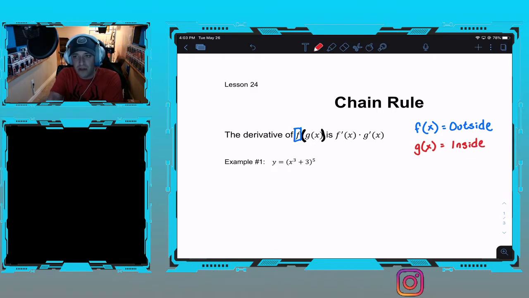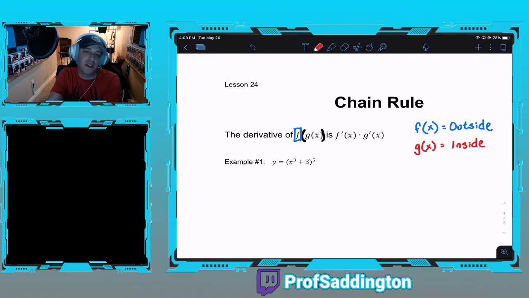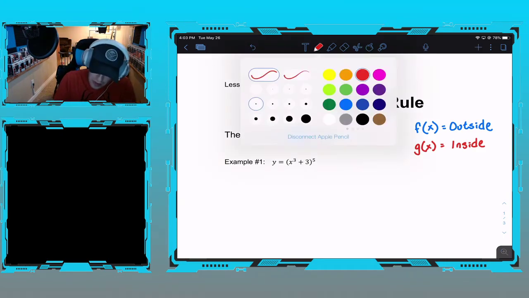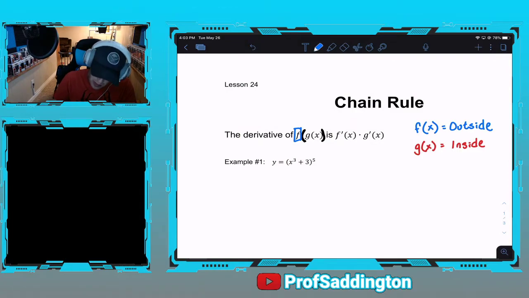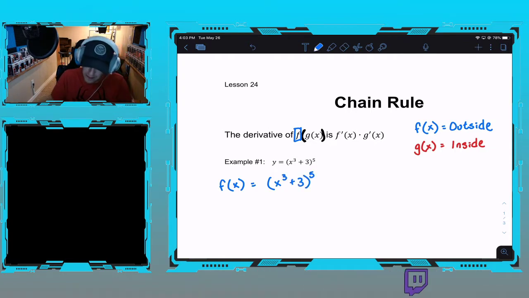So when we go to find the derivative of a composition function, when you have an inside and outside, what we have to do is find the derivative of both. So f of x is going to be represented by the whole thing. It's the x cubed plus 3 raised to the 5.